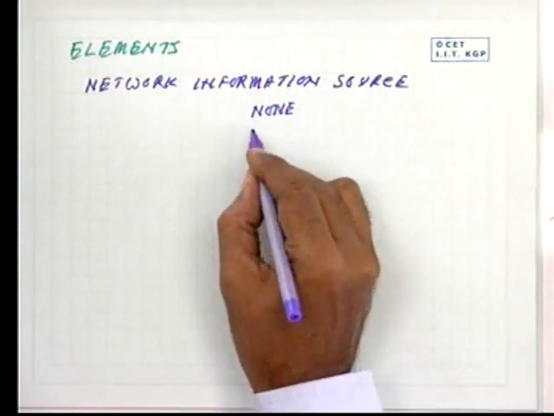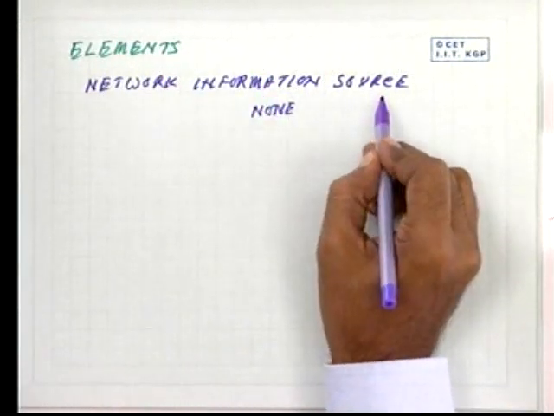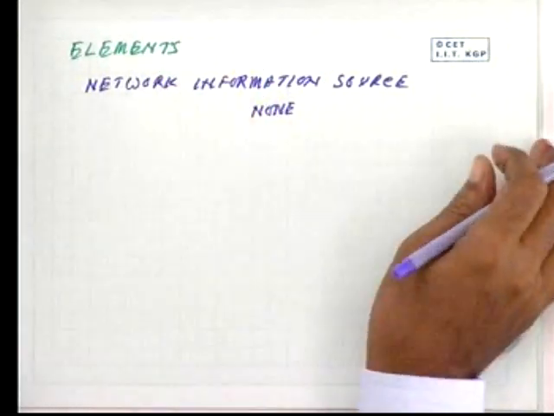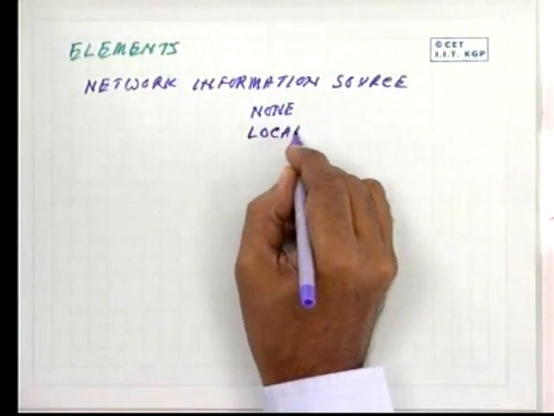Flooding and random routing, where none of the information about the network is used in deciding the routing function. Or it can be local. The routing decision is taken based on local information. It can be the cost of the links to which a particular node is connected.